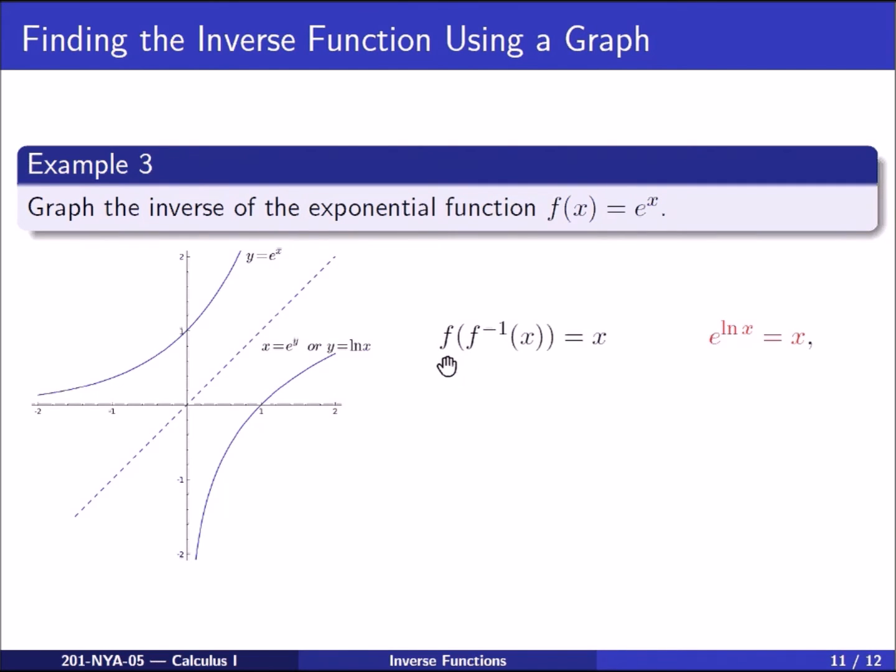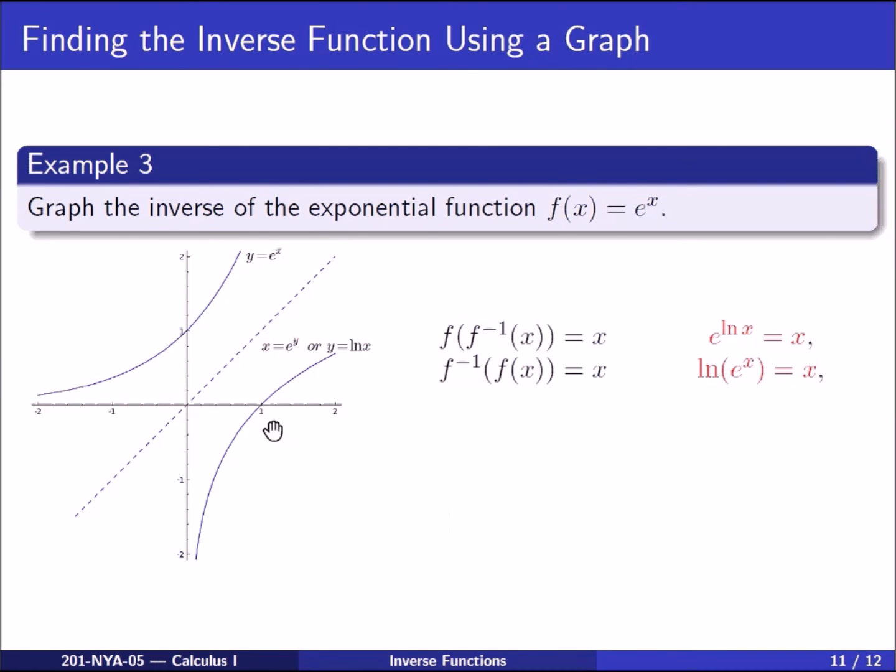Well, if I replace f by the exponential function and f inverse by the natural logarithm function, it means that the exponential function applied to the ln of x, in other words, e to the ln of x, gives back x. So e to the ln of x is equal to x. Similarly, if I take the equation f inverse of f of x equals x, that translates into ln of e to the x equals x.